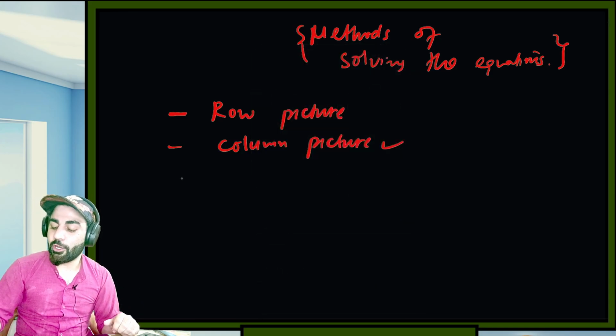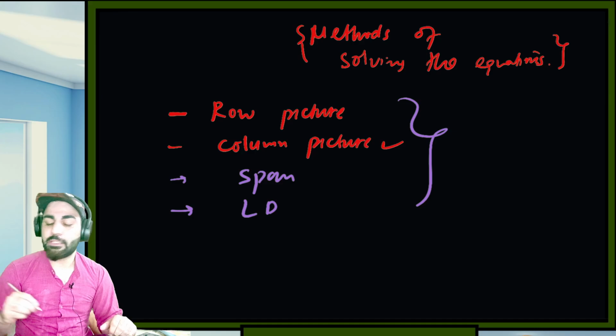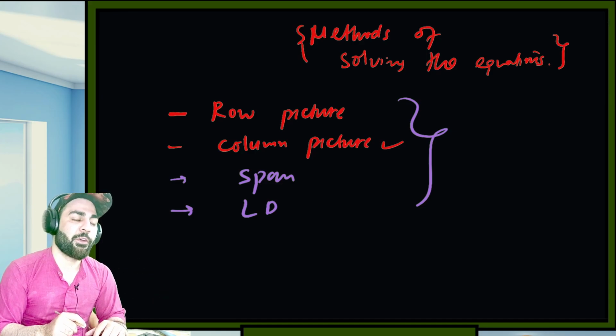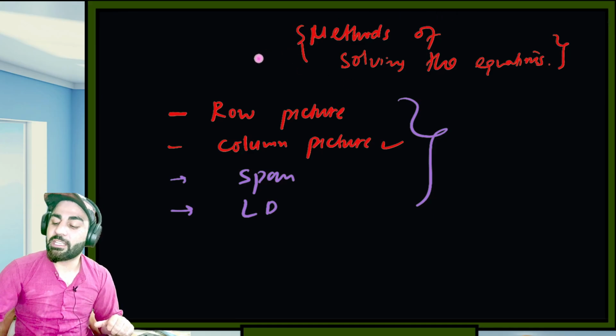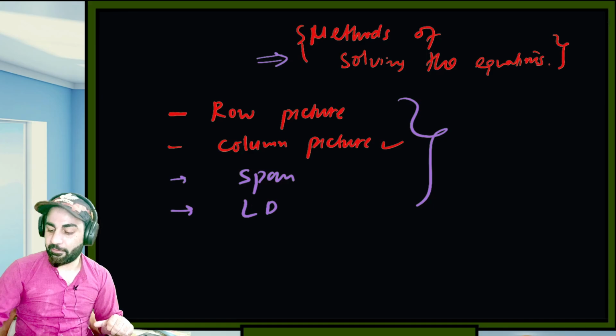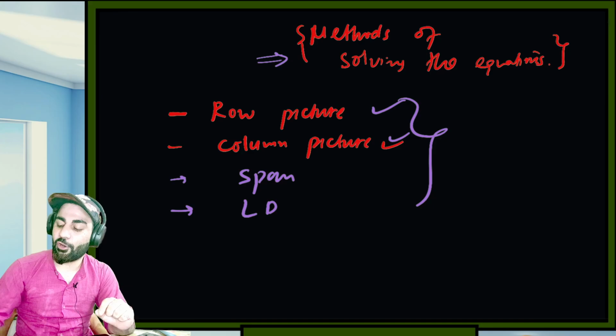Then we also saw what a span is, and we saw linear dependence and independence. All of this sets the foundation for you to see the fundamental problem of algebra and how to solve it. Now we'll see the methods to solve those. But the first thing you should be well versed with is these things: row picture and column picture, span, and linear dependence and independence.